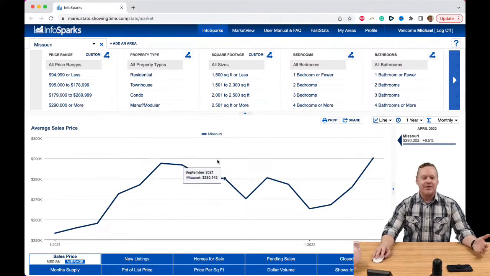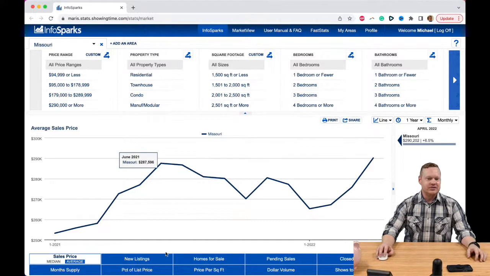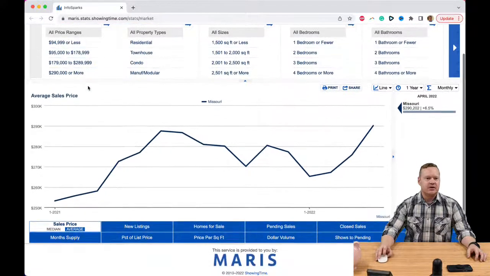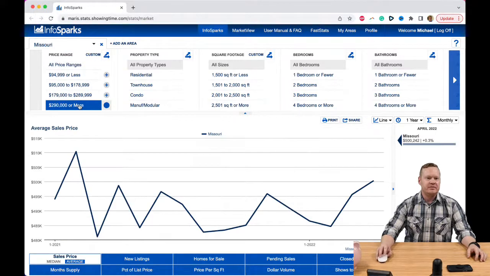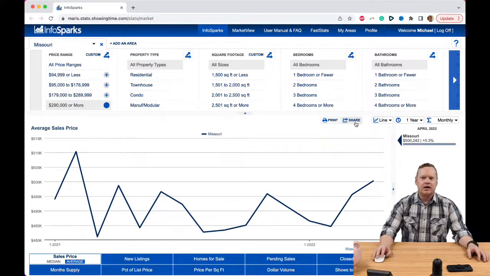All right, so now we're back in this. There's a little lag, but I'll try to play with this in a way that makes sense. Like I said, I don't see a great trend in the data, but I think that's probably because we're looking at sales prices all over the board. If we changed it to just our 250s or more, we might have more of a trend going upward, and not really.